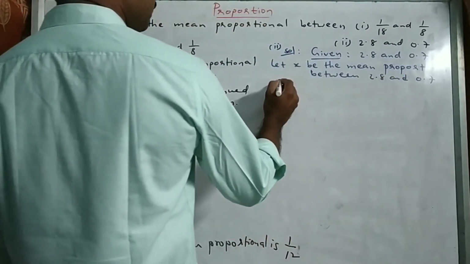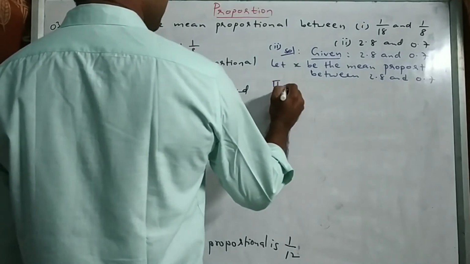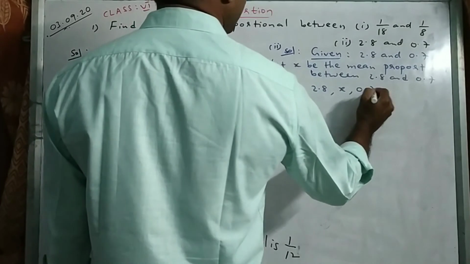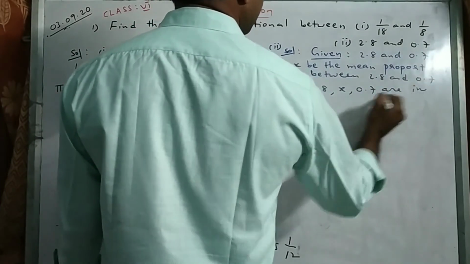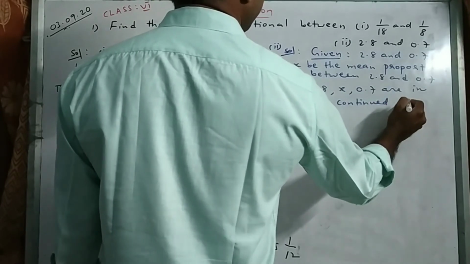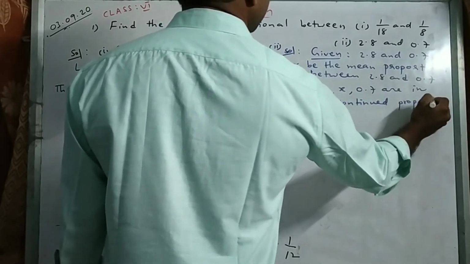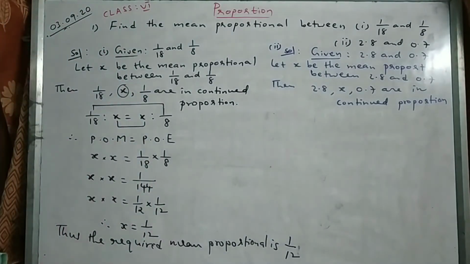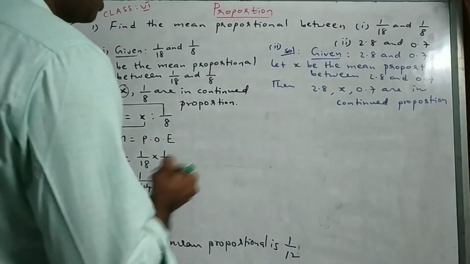Between means middle, we have to keep that. Then 2.8, comma, x, comma, 0.7 are in which proportion? Continued proportion. Why? We have only 3 numbers here.